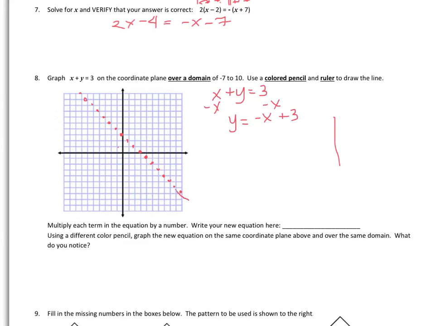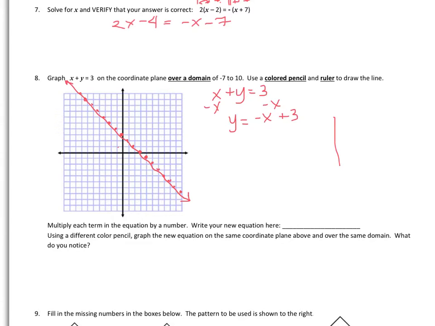So just multiply each term in the equation by a number and then write your new equation there. And then, using a different colored pencil, and really this is necessary only if you have more than one, if you're at home and you only have one colored pencil, don't worry about it. Graph the new equation on the same coordinate plane above and over the same domain.